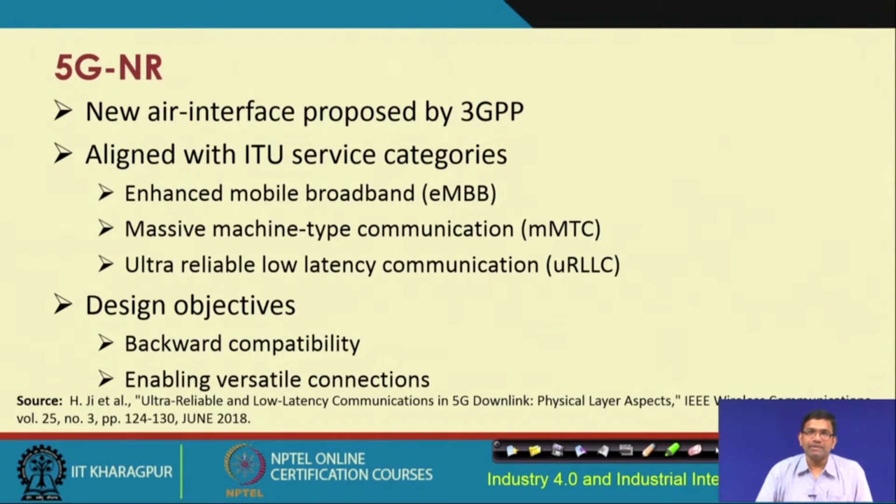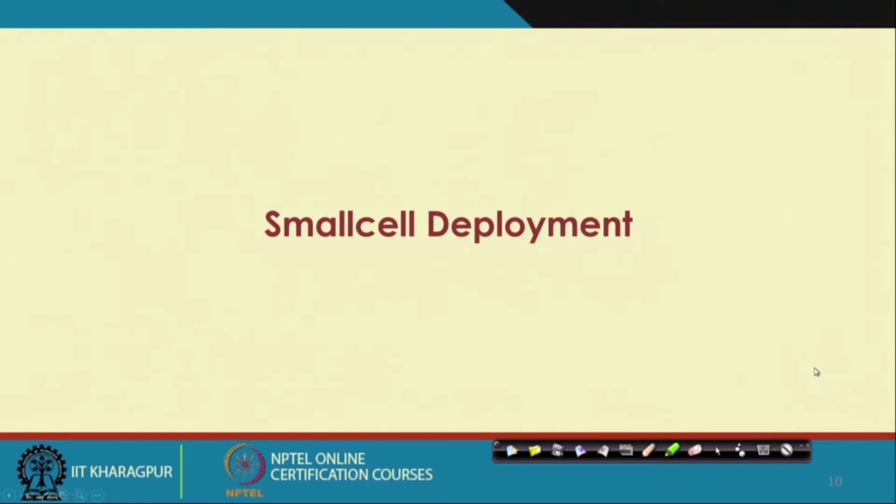So, backward compatibility will be supported by these different technologies, and also enabling versatile connections across different heterogeneous devices produced by different vendors, supporting different standards, and small devices, large devices supporting different speed, maybe PC to PLC, PLC to PLC, a high motion device with a small low motion device, and so on. So, all these different types of heterogeneous communication could be supported with the help of this NR.